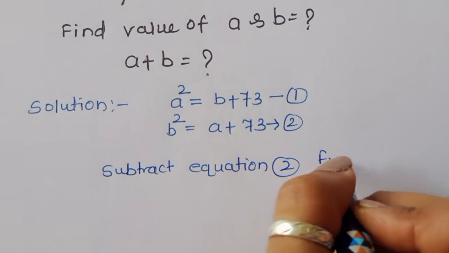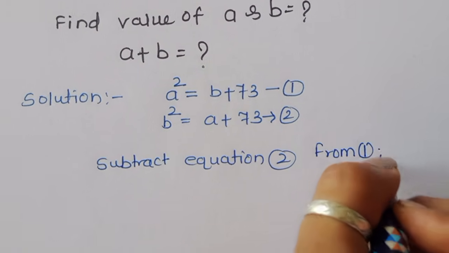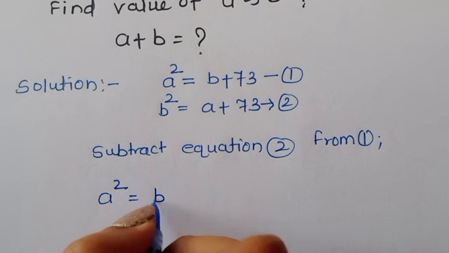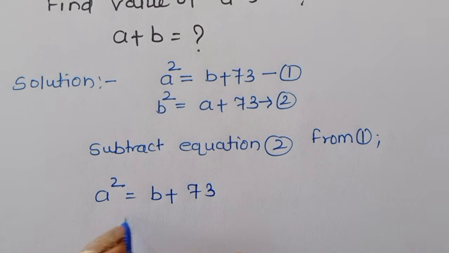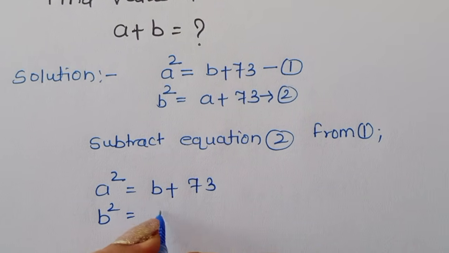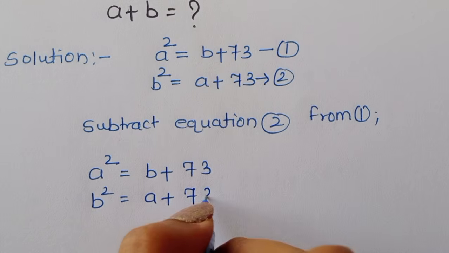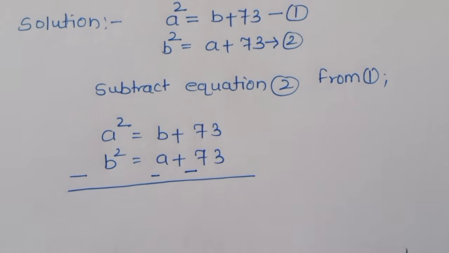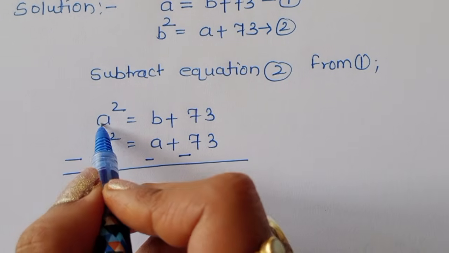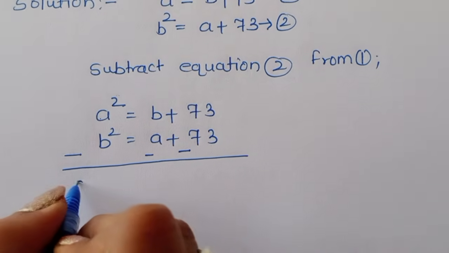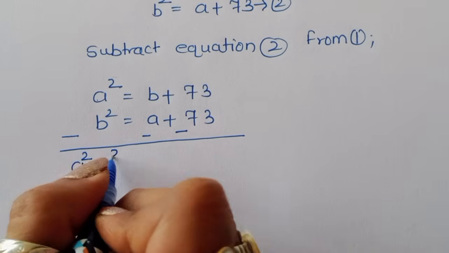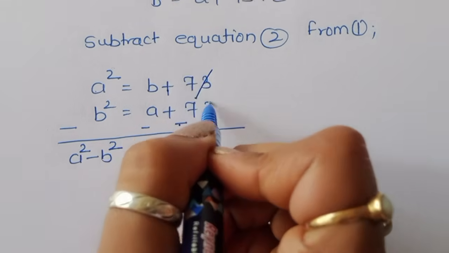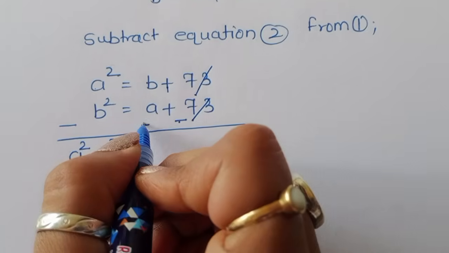2 from 1, we have a square is equal to b plus 73, and b square is equal to a plus 73, and we subtract these equations. So we get a square minus b square is equal to plus 73 minus 73, here b minus a.